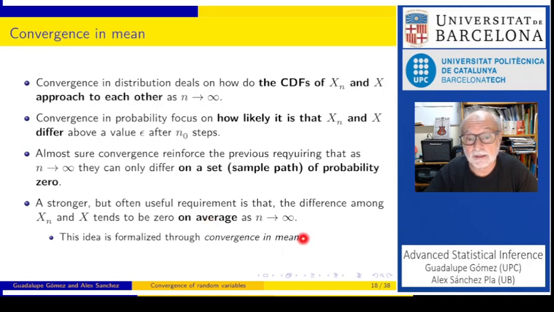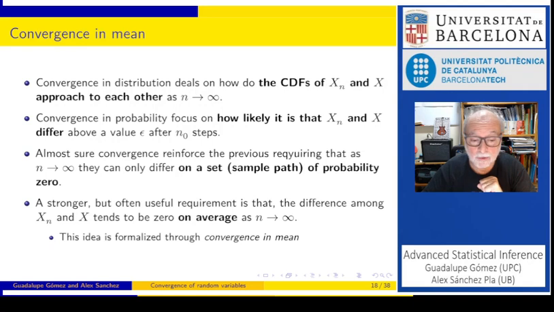To do this, we introduce the idea of convergence in mean, which can also be seen as a form of thinking on the distributions, because the mean is a summary of the distribution. So we can see it in two ways. On one side, we can think of it as a way of convergence that accounts for the quantity in which they differ, and on the other side, as a way of convergence that also focuses on the distribution.